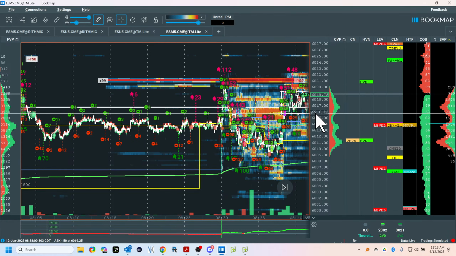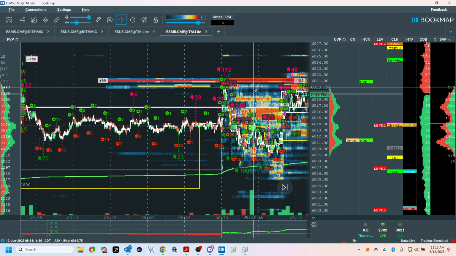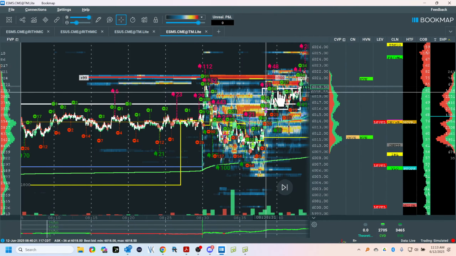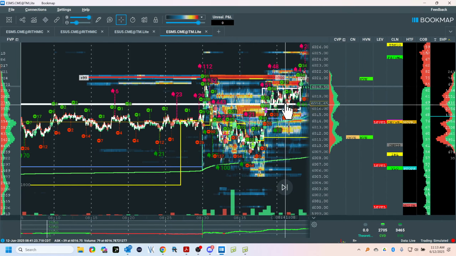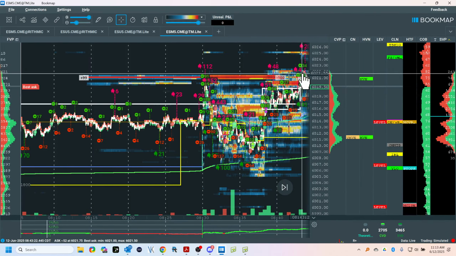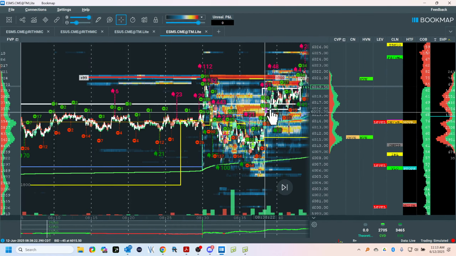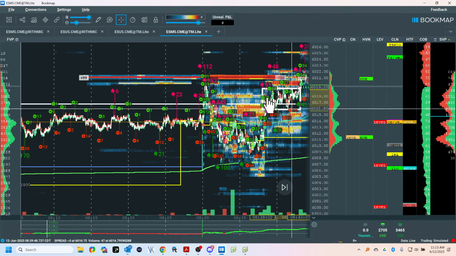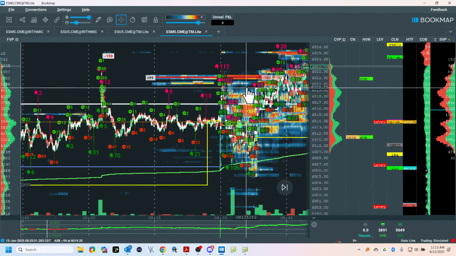And the output of order flow is price action. Support is here. Volume is here. Retail. Sellers are here. I break. What does that tell me? Buyers are in control. Let's watch a little bit more.